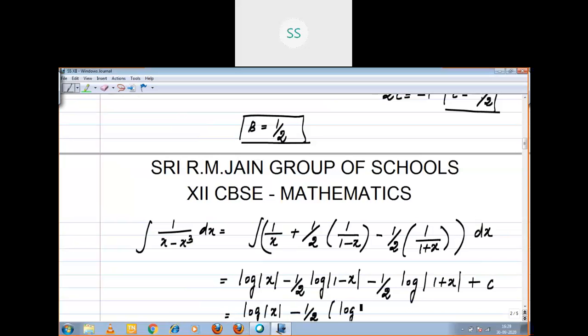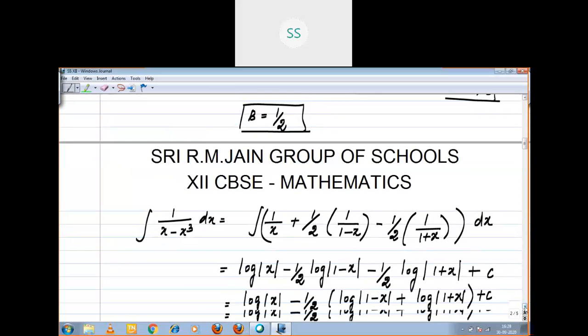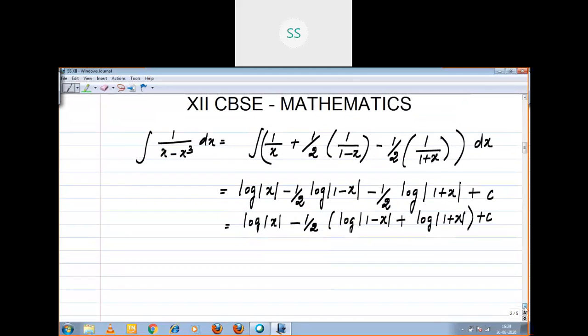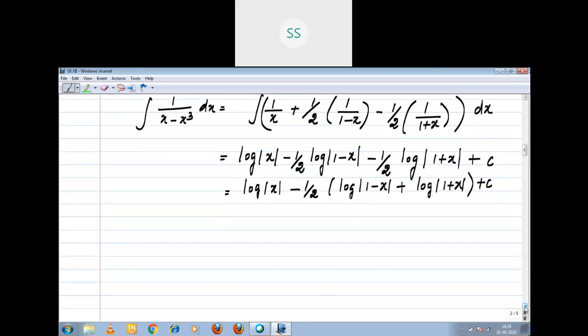Here when you integrate this log of modulus 1 minus x, then again x should be integrated in terms of division divided by minus 1. That minus 1 I shift to the numerator. Then log of mod x, minus 1 by 2 you should take it as common. Then log of modulus 1 minus x plus log of modulus 1 plus x.